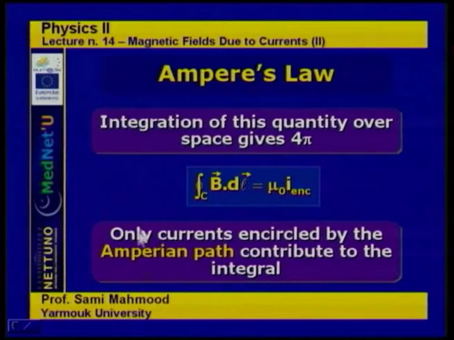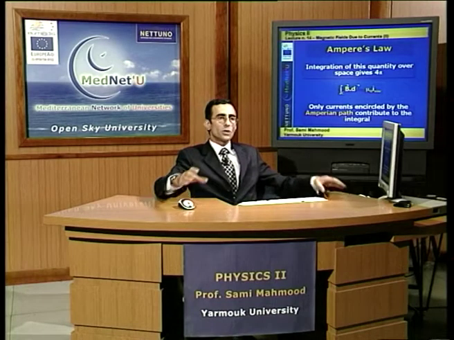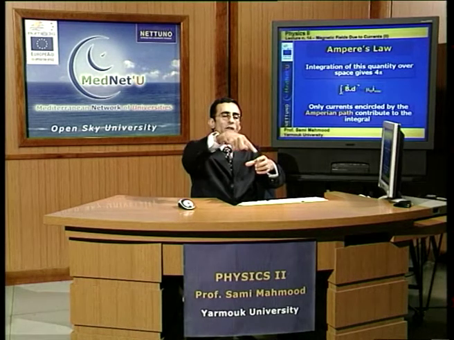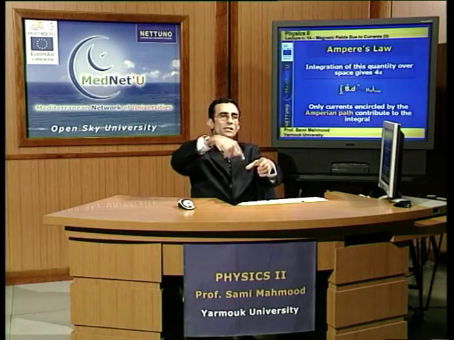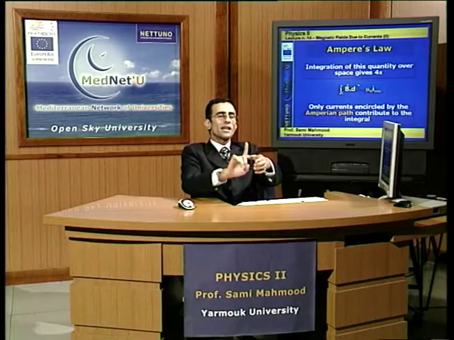So this is Ampere's law, and this states that the current that contributes to this integral is only the current that is encircled inside the Amperian path. So if we have an Amperian path and we evaluate B dot dl around this path, the only currents that make a contribution are the currents inside this path, the enclosed currents, I sub ENC, only.